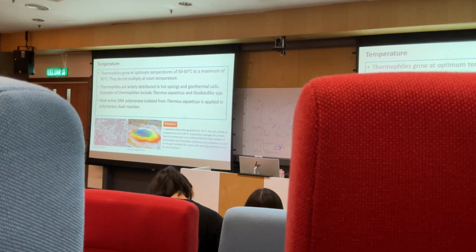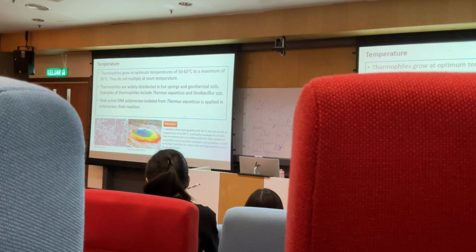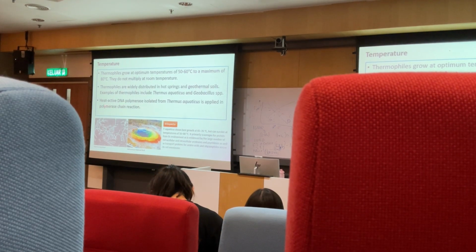Familiar with this? Because the person actually got a Nobel Prize because of the invention of polymerase chain reaction, which is a technique that we are still using now. Actually, all of it relies on the discovery of this Thermus aquaticus from the hot springs. Why?